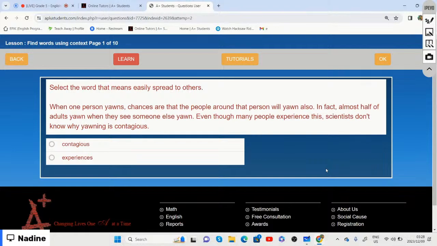So if we look at this word, easily spread to others. Is it contagious or is it experiences? If something is spread to others, does it mean it's contagious or does it just mean experiences?